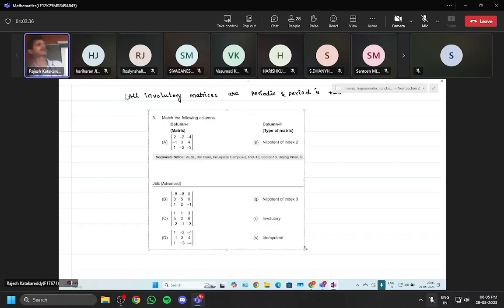We don't have anything other than this. So what you need to do is find A square and A cube. A square is equal to A, that is idempotent. A square is equal to I, that is involutory. A square is equal to null, that is nilpotent of index 2. If not, that will be nilpotent of index 3 as given. Clear? Try at home. Now we will see the properties of these matrices one by one.